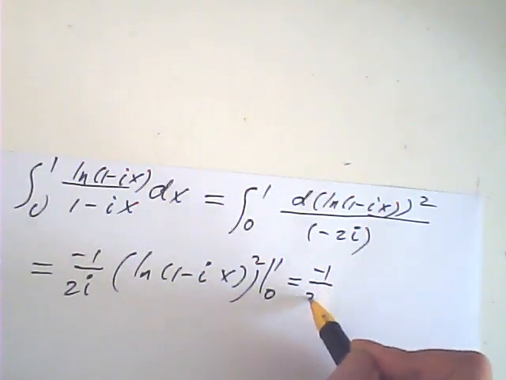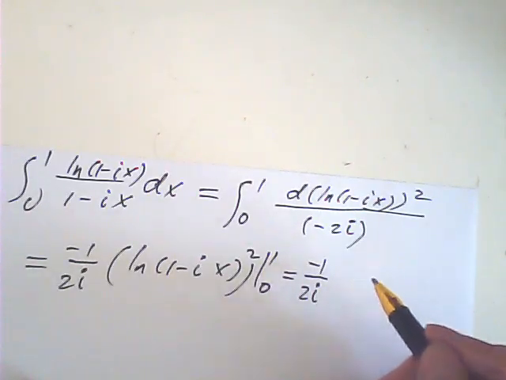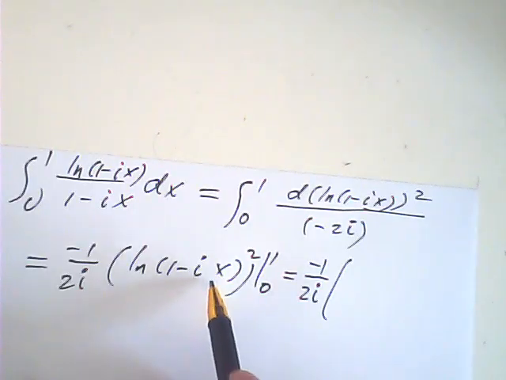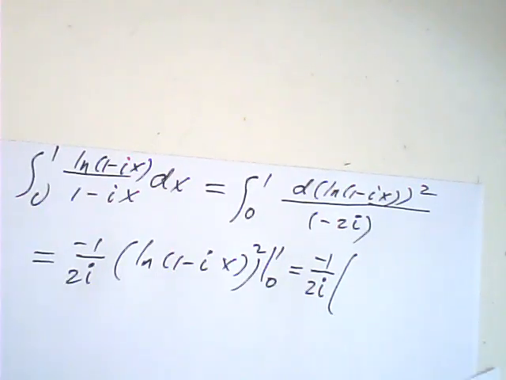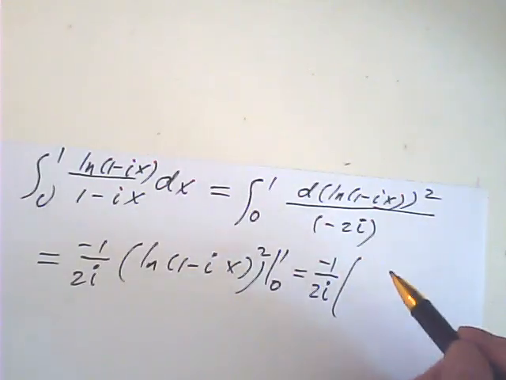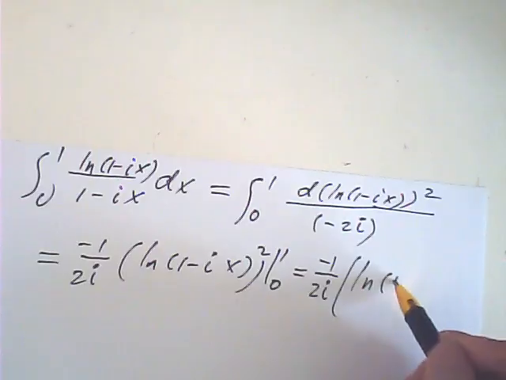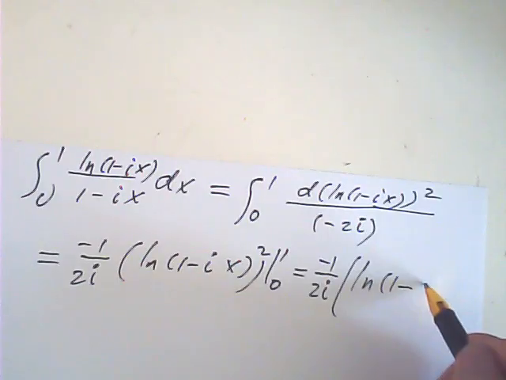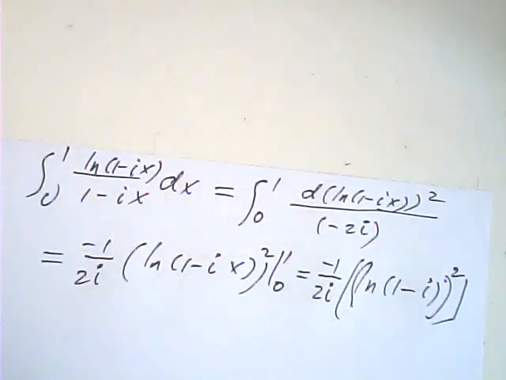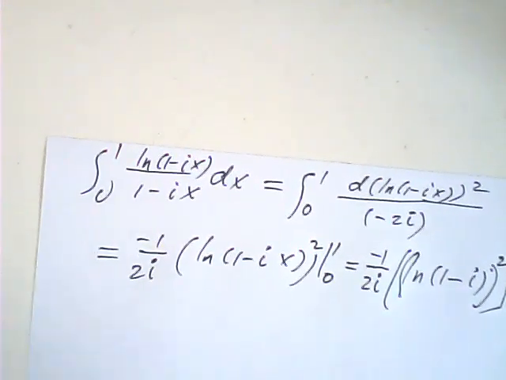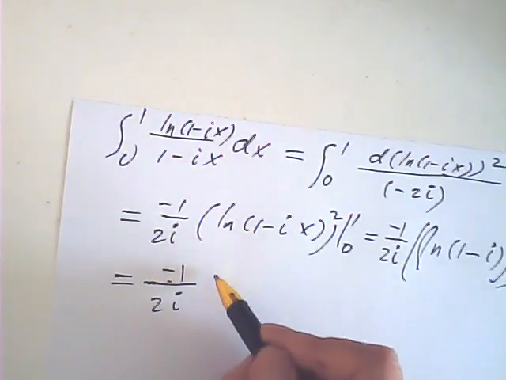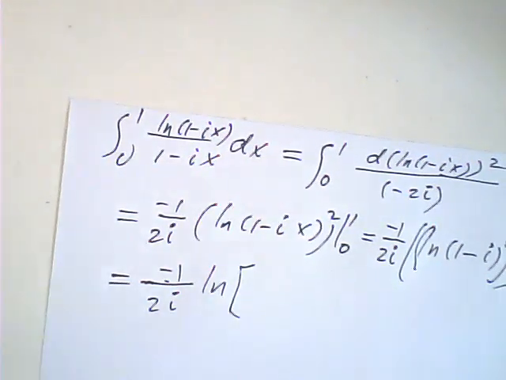Which is equal to negative 1 over 2i times log of (1 minus i) squared.